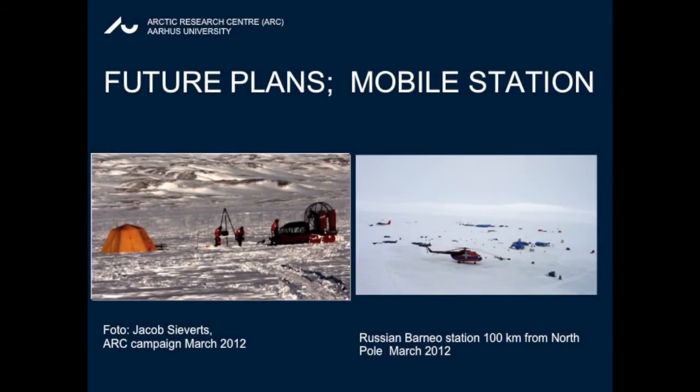This is just examples, but we will have a mobile platform that we can move from the Station Nord out on the sea ice, and have activities there. And we can drive out there, so we will not need aircraft but can reach it by snow scooters or other vehicles.